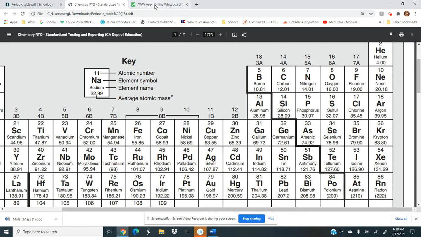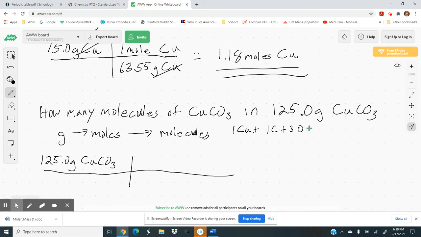So we've got 1 copper, 63.55, plus carbon, 12.01, plus oxygen, 16.00. Add those together. Let me see what I get. So once again, on my calculator, 63.55 plus 12.01 plus 3 times 16, because there's 3 oxygens.